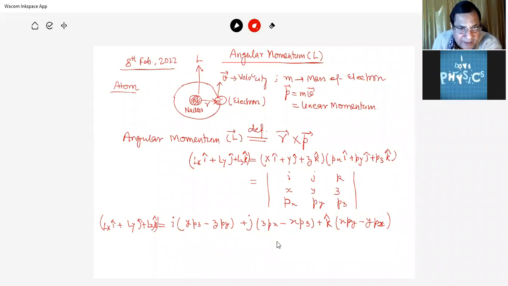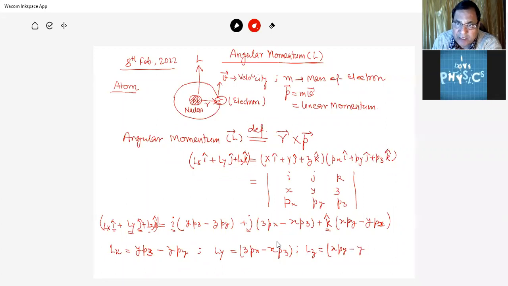Comparing coefficients: Lx is equal to Ypz minus Zpy, Ly is equal to Zpx minus Xpz, and Lz is equal to Xpy minus Ypx.